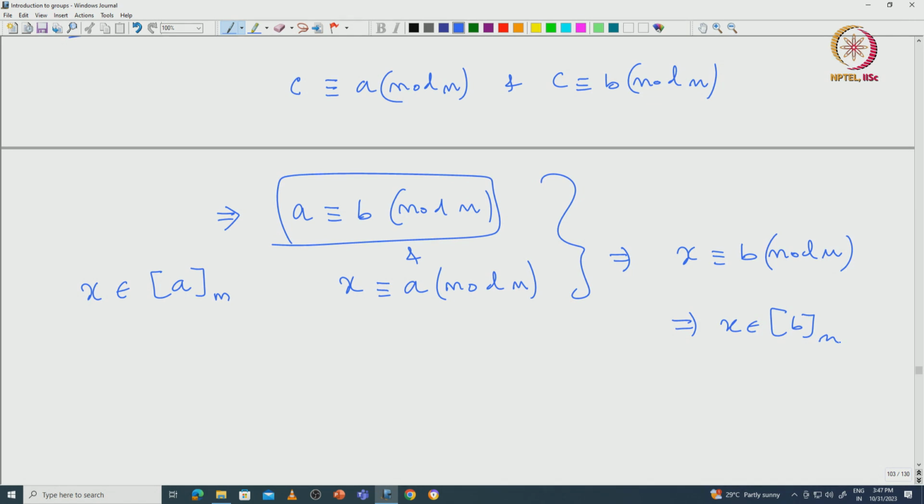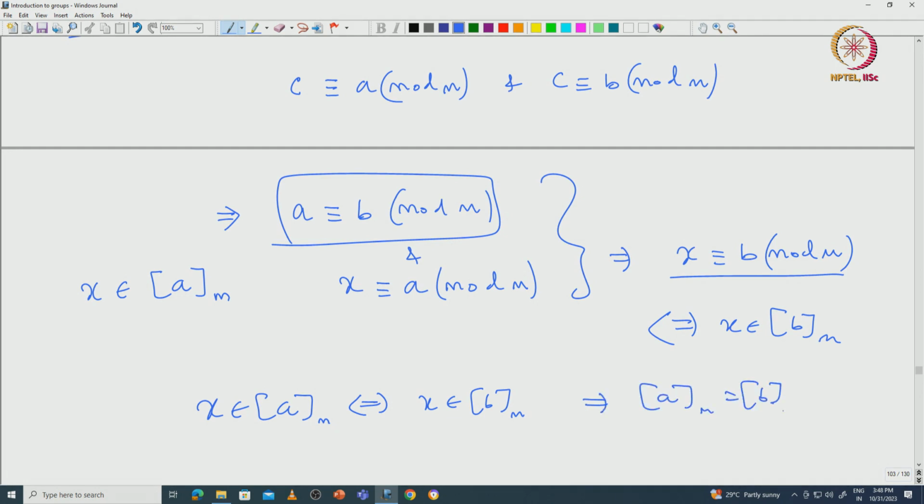Similarly, you can retrace: if x is in the class of b modulo m, then x is congruent to b modulo m, and together with a congruent to b modulo m, this implies that x is again in the class of a modulo m. So this proves x is in the class of a if and only if x is in the class of b modulo m. That proves that these two sets are the same.